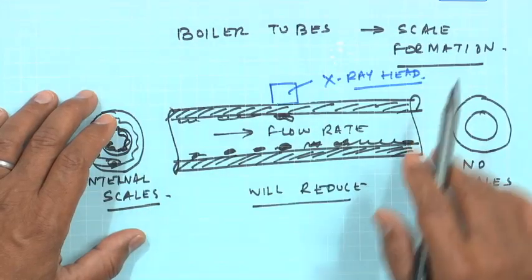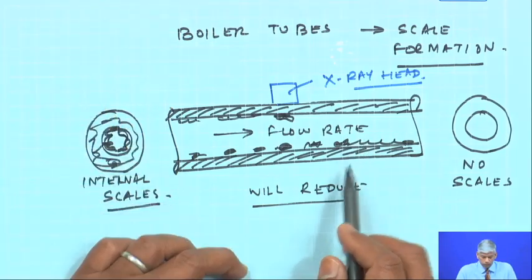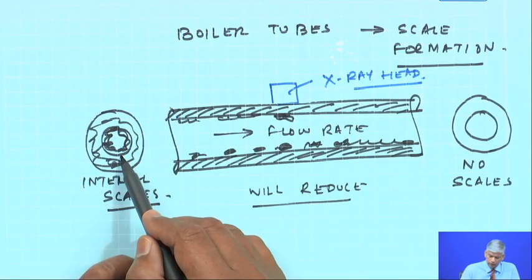Okay. So, how do you know the quality of the boiler tube, how good it is? So, when the boiler is shut down, because there will be many such tubes, you can do X-ray of the critical units in a few sample points and see if such scale formations are there.